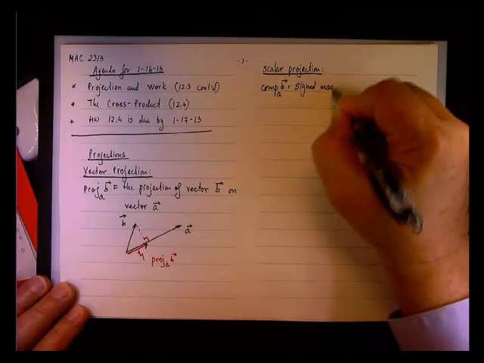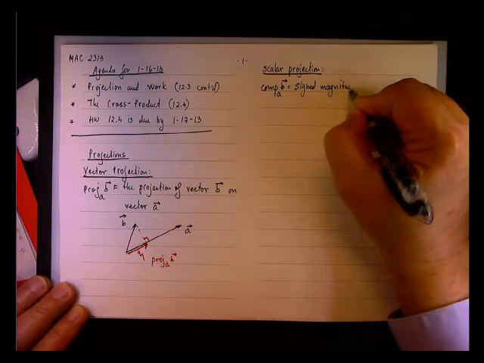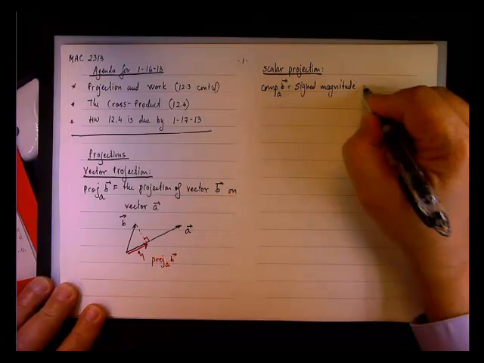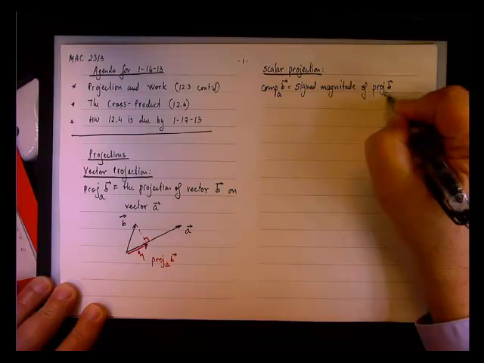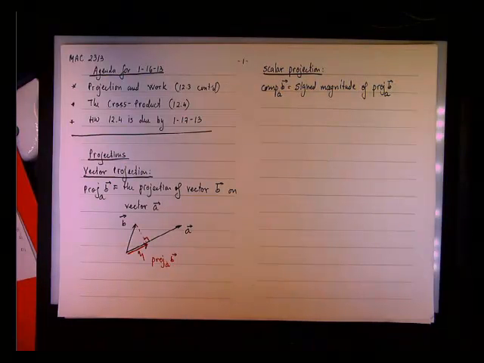It's the signed magnitude of the vector projection. Now, why signed magnitude? I mentioned that last time.